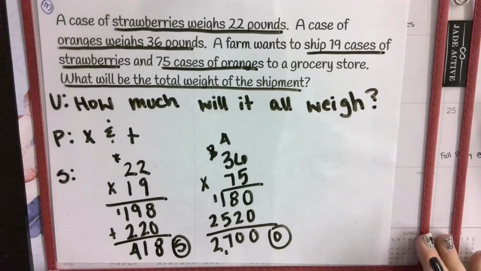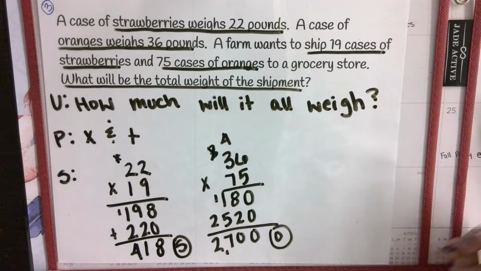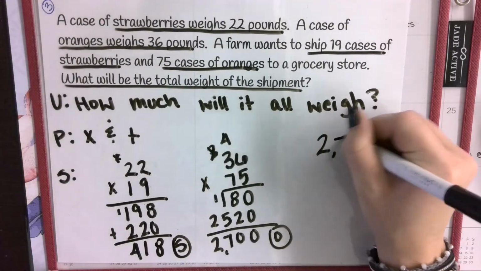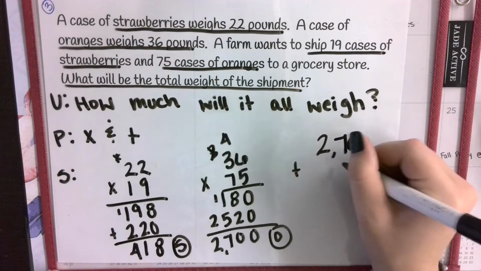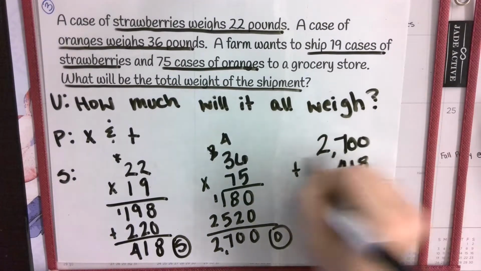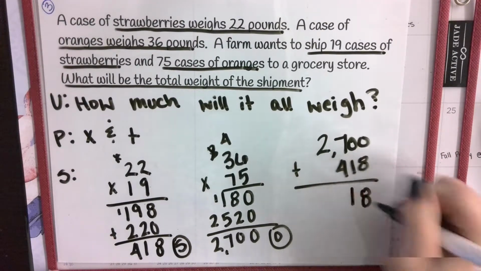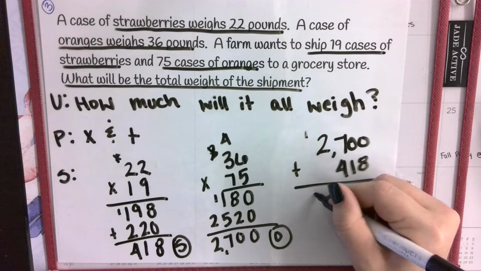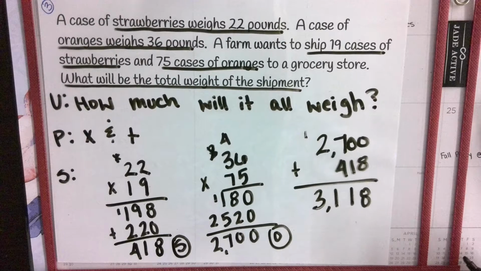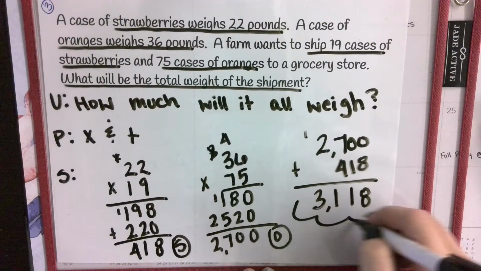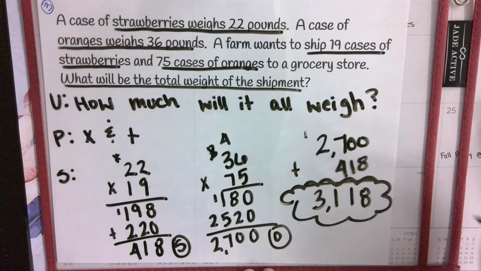And then to get the total weight of the shipment, then they're going to have to add the two together. So the total shipment weighs 3,118.